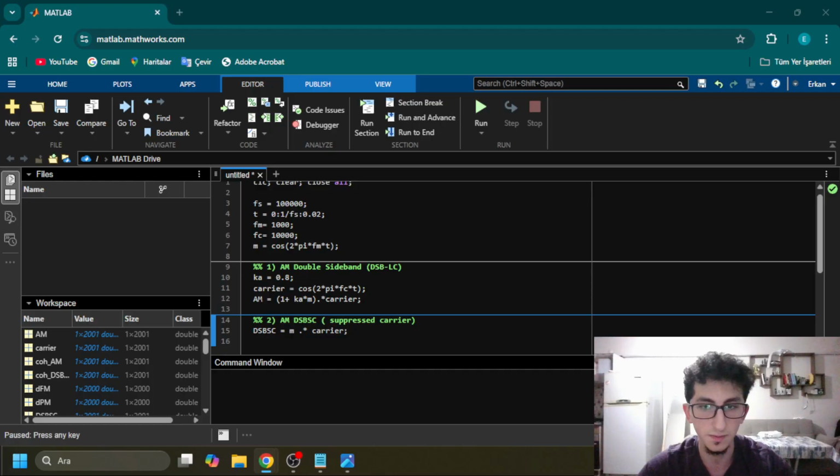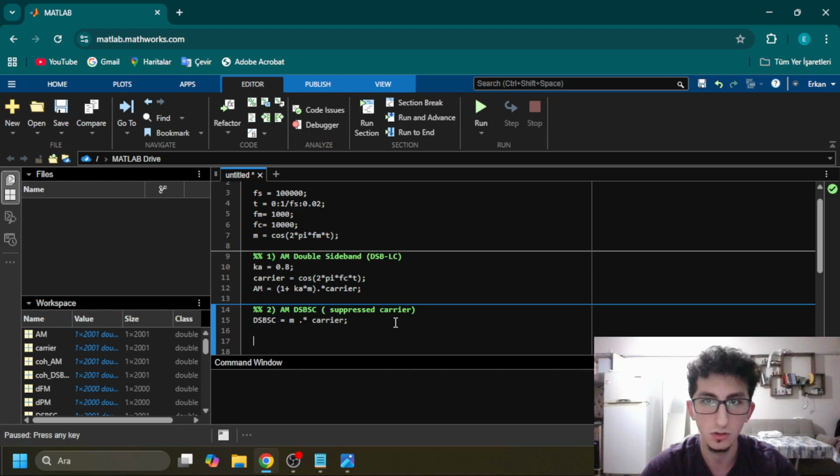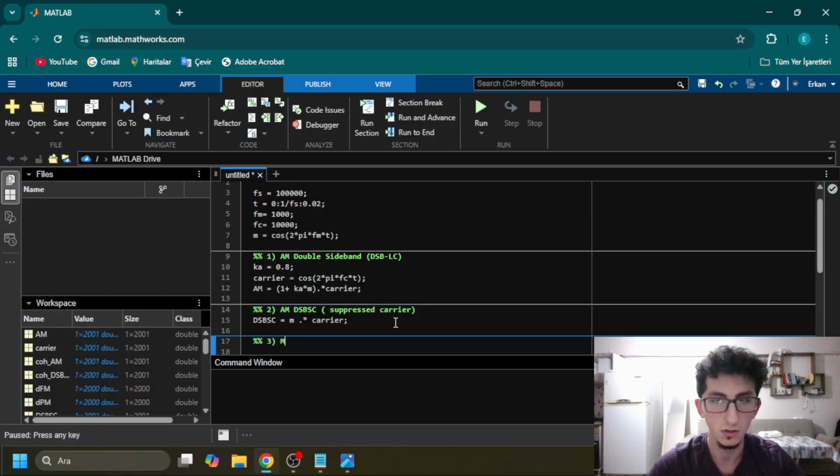Then the SSB signal is produced as a formula, and we are gonna define this formula. So I'm gonna write this code again, and third SSB using, as I said, Hilbert.